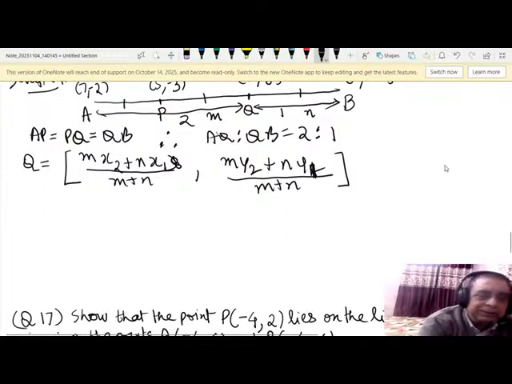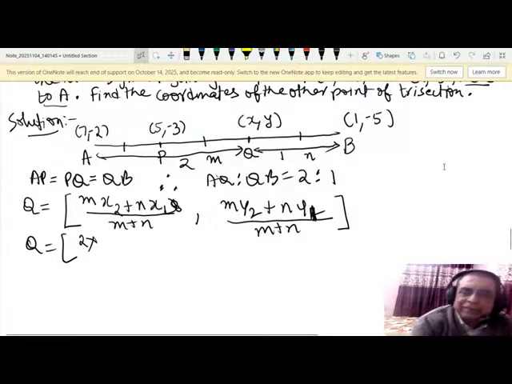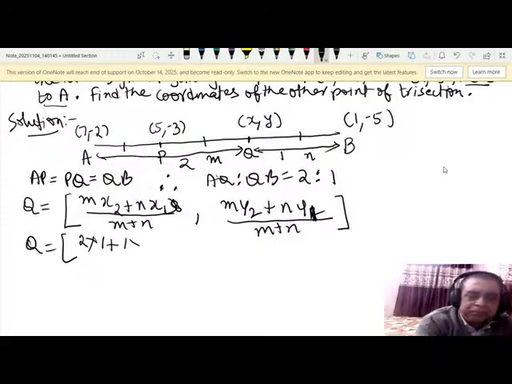So here Q is equal to m. M value is 2, so 2 times x2. x2 is the x coordinate of B, which is 1, plus n. N value is 1, multiplied with the x coordinate of A, which is 7, whole divided by m plus n, which is 2 plus 1, comma.